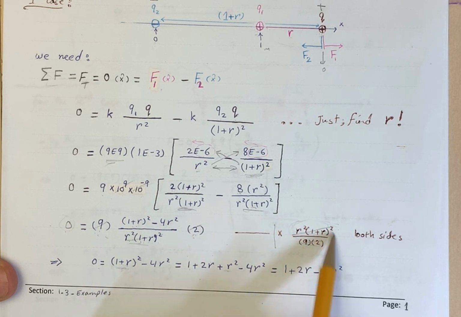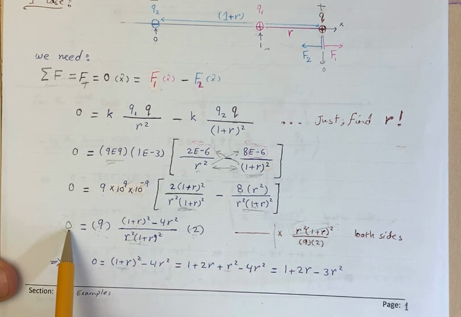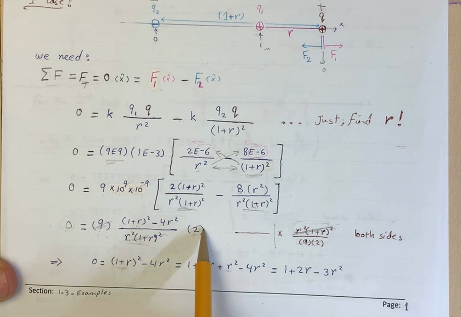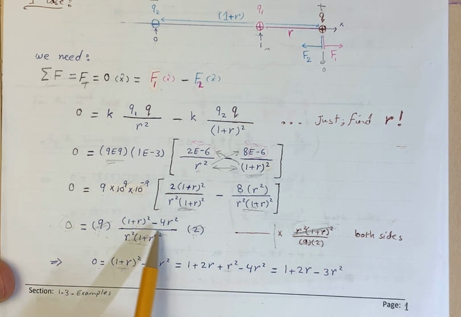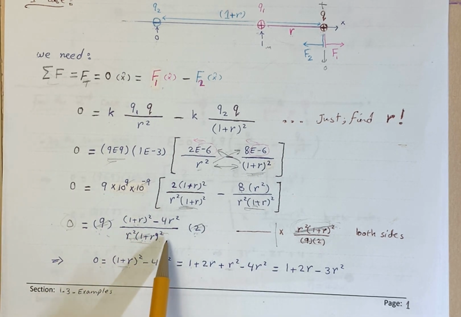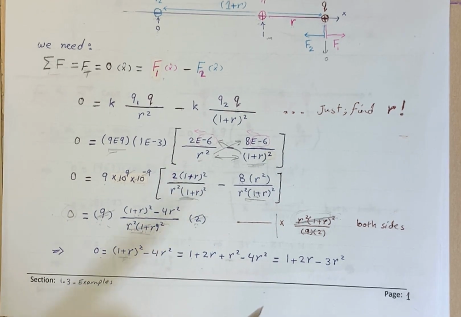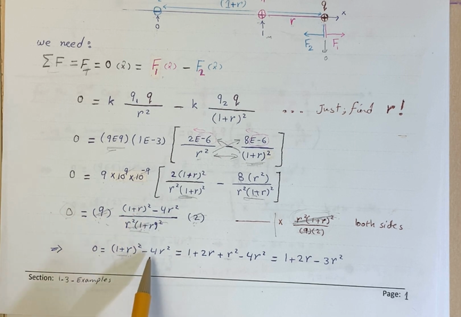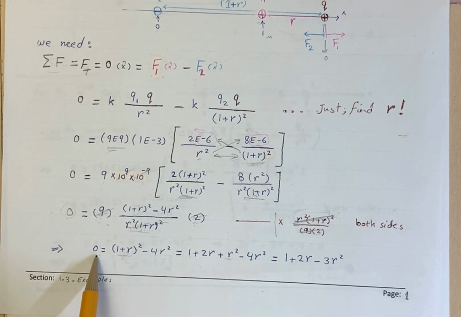When I multiply this value by the left hand side, it will be 0. If I multiply this by this, it will cancel this, and the 9 with the 2 will be cancelled with the denominator here. So I have the last formula, which is 1 plus R square minus 4r squared equals 0.